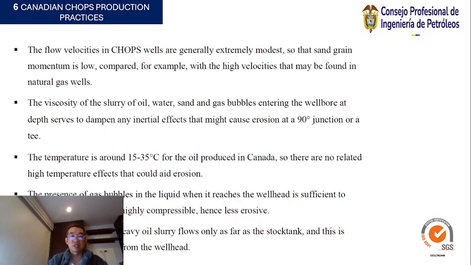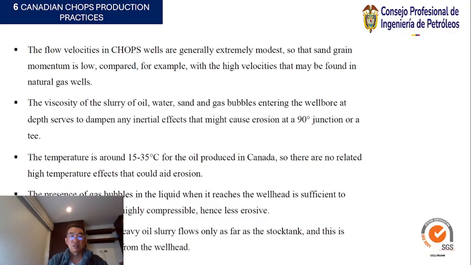The temperature is around 15 to 35 degrees for the oil produced in Canada, so there are no related high temperature effects that could aid erosion.